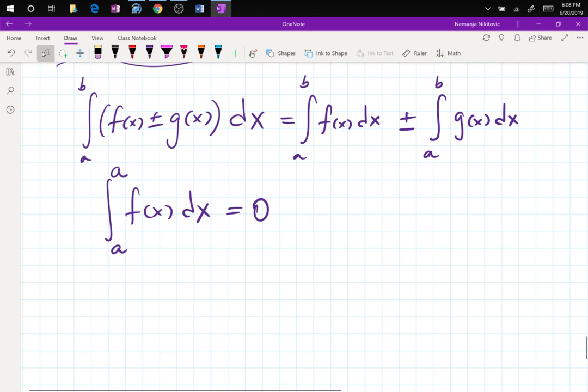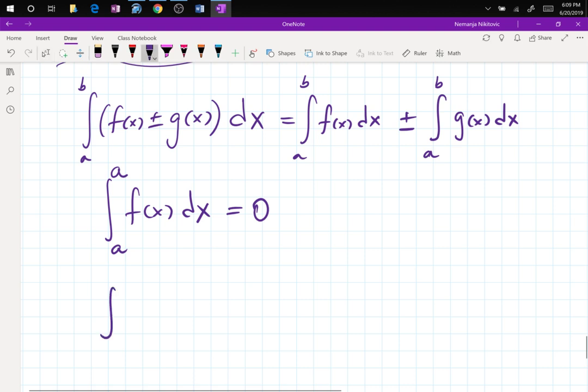Next formula pops up again in our 5.5 section, but then pops up constantly in Calc 2, Calc 3, differential equations. Do yourself a favor, remember this thing. You are allowed to swap a and b in the integral as long as you put the minus in front of the integral.